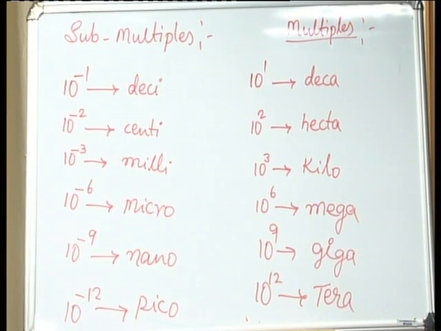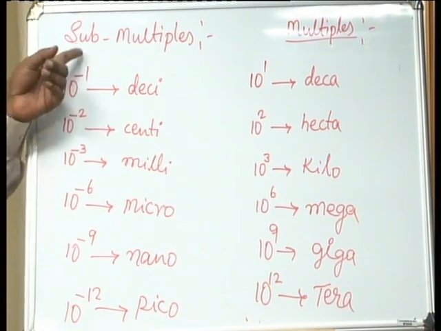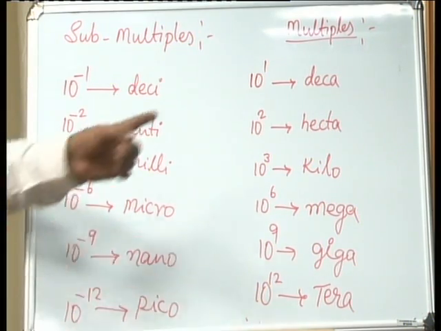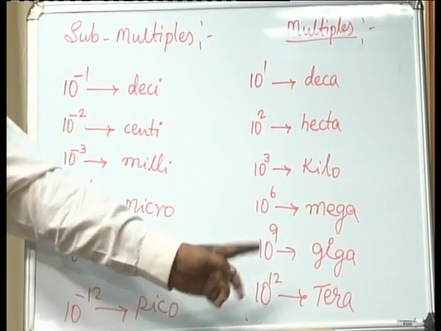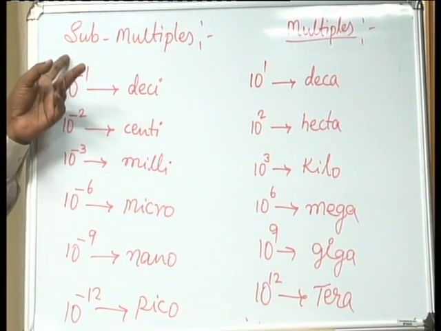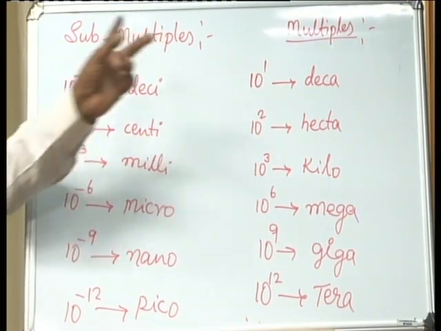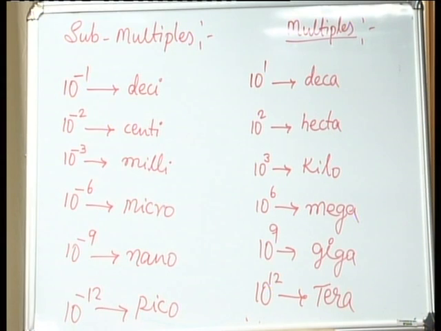The second advantage is that all forms of energy in the SI system are measured only in terms of joule. The third advantage is that whether the physical quantity is very small or very large in magnitude, it can be expressed by using submultiples or multiples respectively.